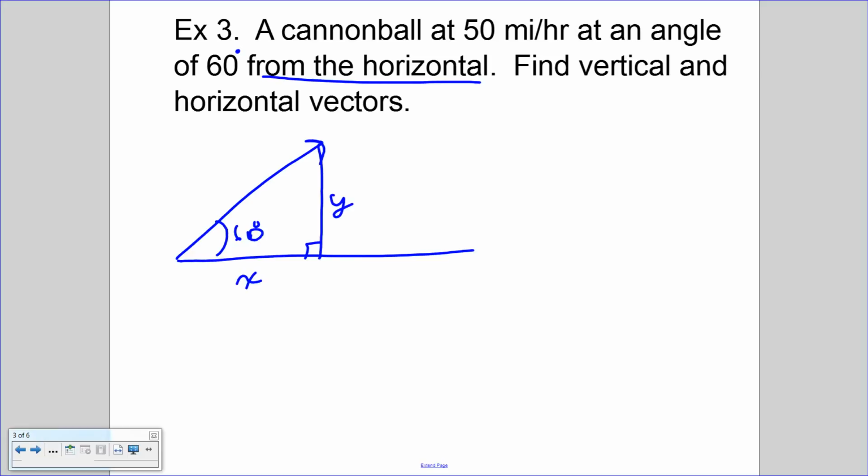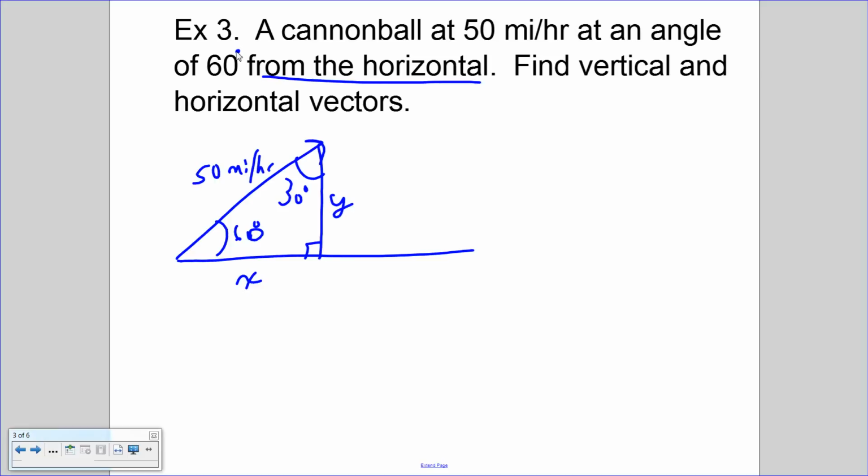But at this point, you certainly don't have to grab your calculator and find that out. The 60 degrees is the clue here that you're now talking about a 30, 60, 90, and you know that this is 50 miles per hour. Use your 30, 60, 90s to solve this quickly. You're going to see opposite 30 is the short leg.